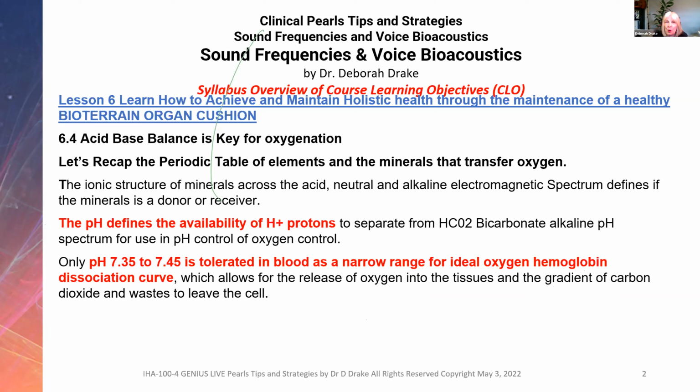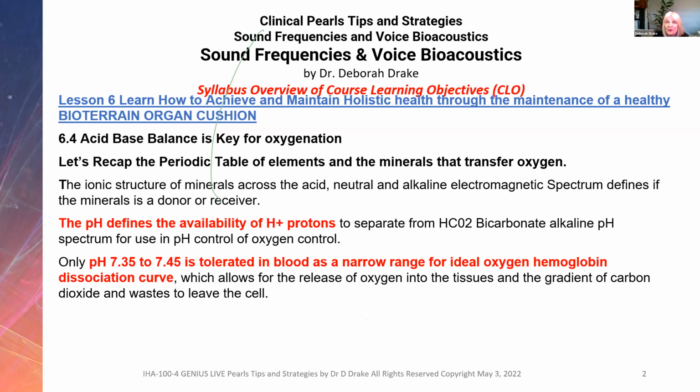So you have to have both the acidity and the alkalinity, but the blood tends to remain in the neutral pH control range. There's only a 7.35 to 7.45 pH tolerable range in the blood, a very, very narrow range for the ideal oxygen hemoglobin dissociation curve, which allows for the grabbing of the oxygen onto the iron, and then the release of that oxygen into the tissues.